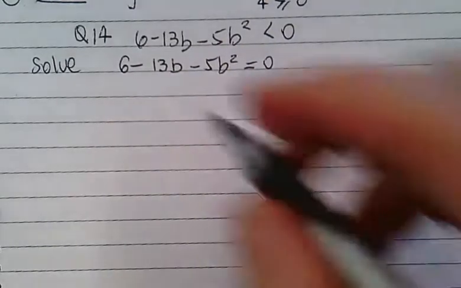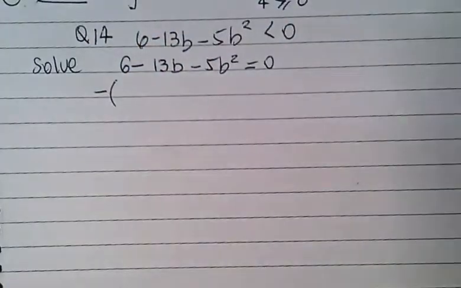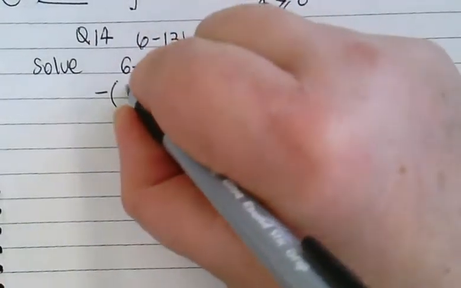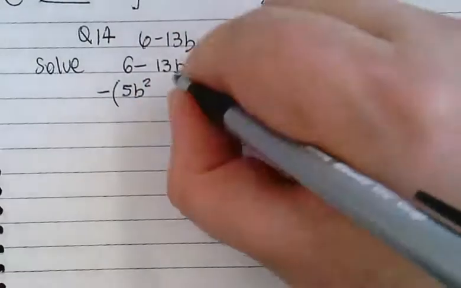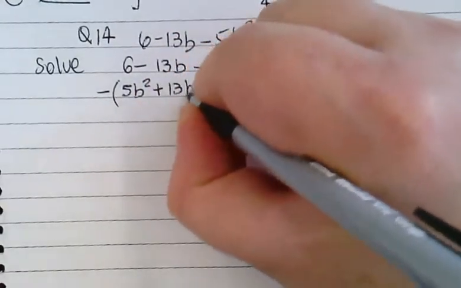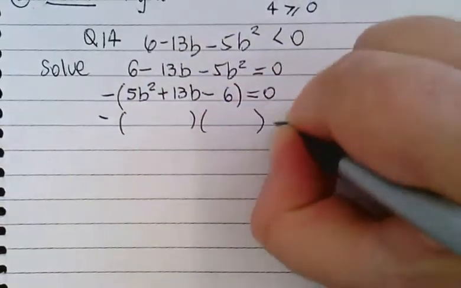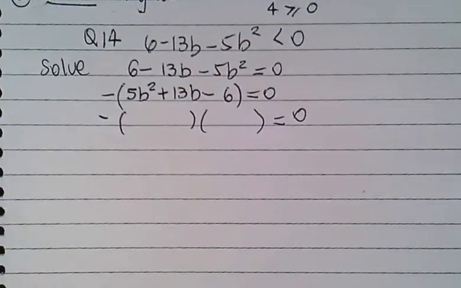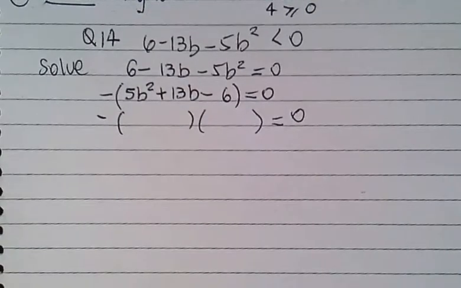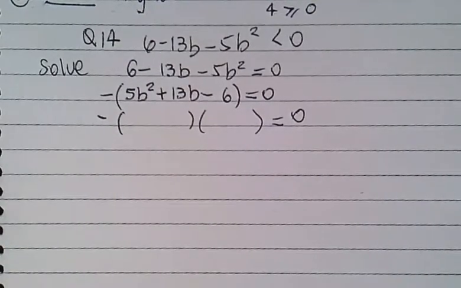All right, so I'm going to take out the negative. Let's just be safer. So negative 5b squared plus 13b minus 6 equals 0. It's the same. I just don't want you sketching the wrong parabola later. Taking it to the other side just helps you solve it. You will get the same answer.